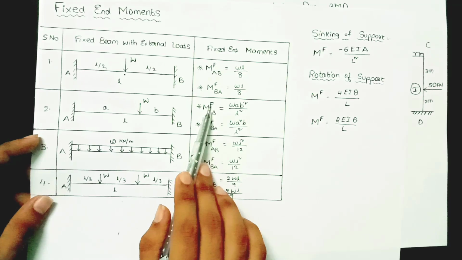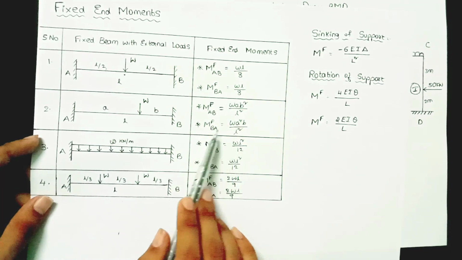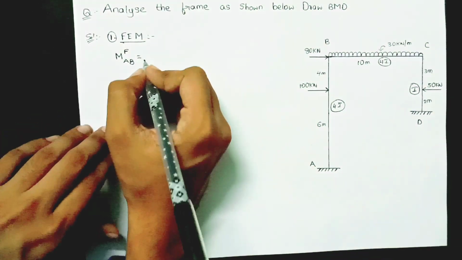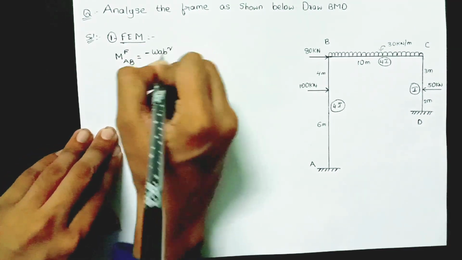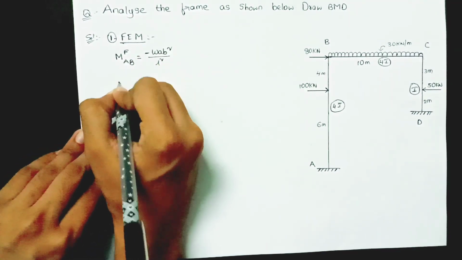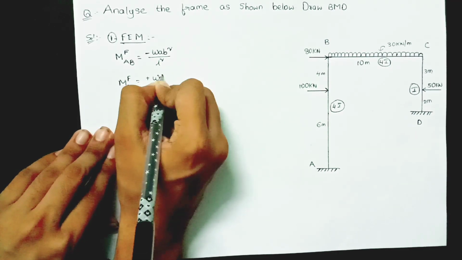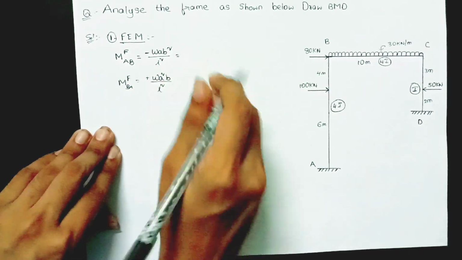So the formula will be MFAB equal to minus WAB square by L square, and MFBA equal to plus WA square B by L square. I am substituting the values.